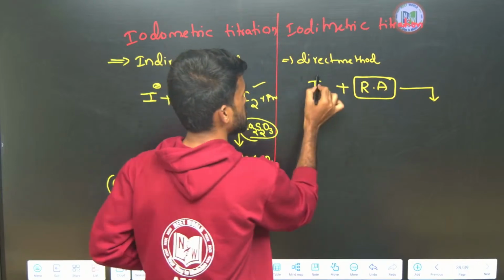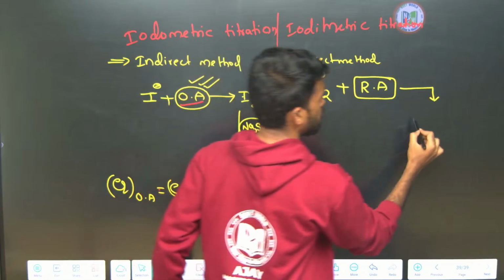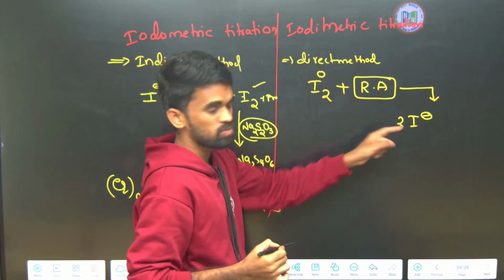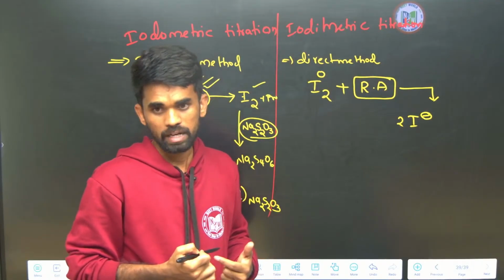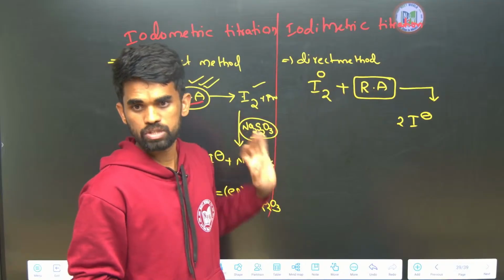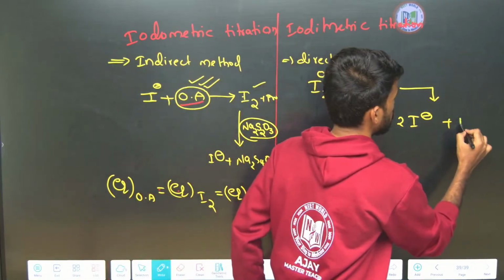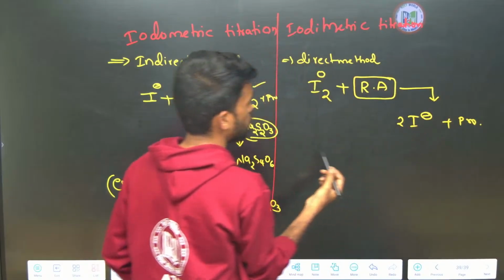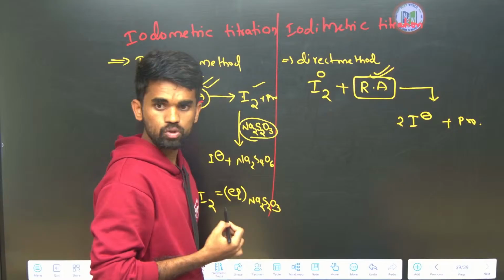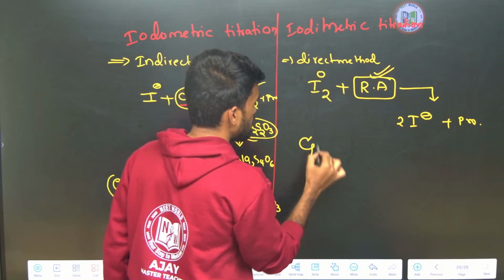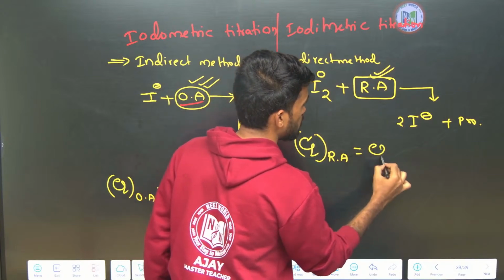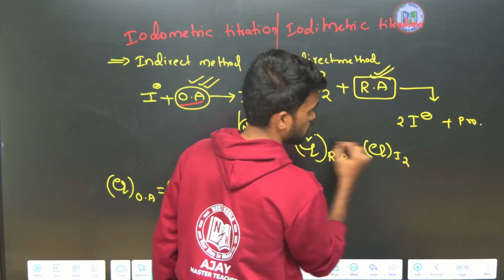It means the oxidation state here is 0, and now it will be converted into iodide ion. So 0 to minus 1 means reduction is happening with the help of this reducing agent, and some product will be formed. So now what do we need to know? We need to know the concentration of this reducing agent. So simply I can write equivalence of this reducing agent will be equal to equivalence of iodine used or iodide formed.